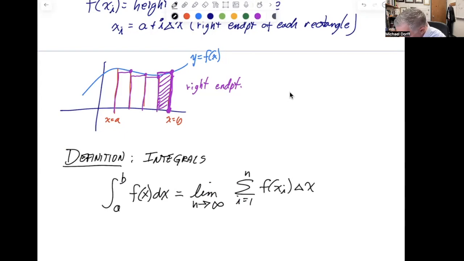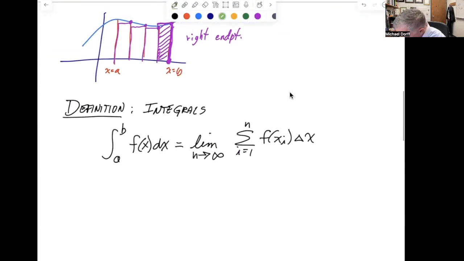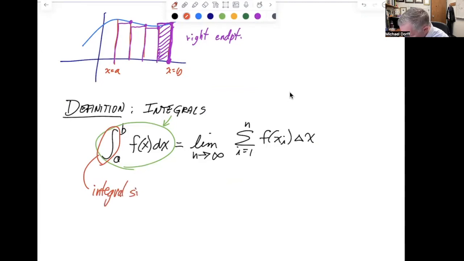All right, so what's happening here with these terms? This part is what's called the integral. The squiggly thing out front is the integral sign, and it kind of looks like an S, which represents the word sum, like you're summing up the rectangles together.